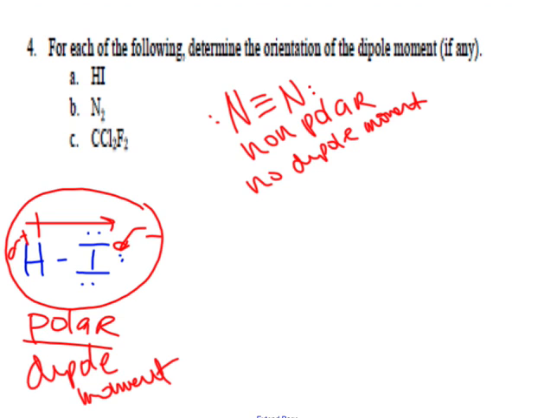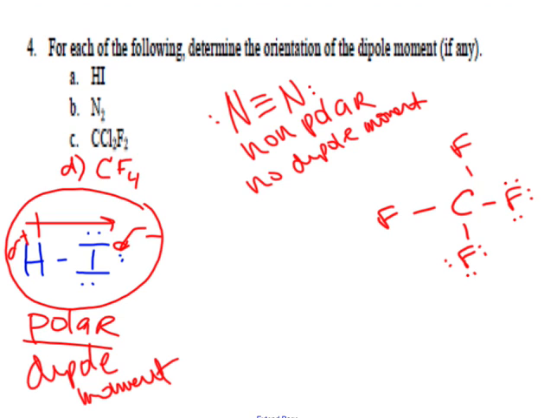Before we do C, I want to do carbon tetrafluoride, CF4. I don't know if you all remember this, and if you don't, you're going to get a crash course in remembering tomorrow. Does anybody remember the shape of this thing? Four things attached. Very nice, tetrahedral with bond angles of about 109.5.